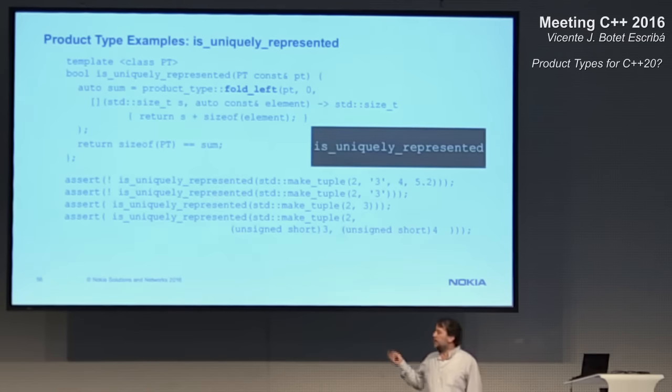Then, when we don't have bit fields, this is a way to implement this trait. This trait is useful to define hash functions, so that when any instance of our type is represented by a sequence of bits that is different, we can use just the sequence of bits to generate a hash function.